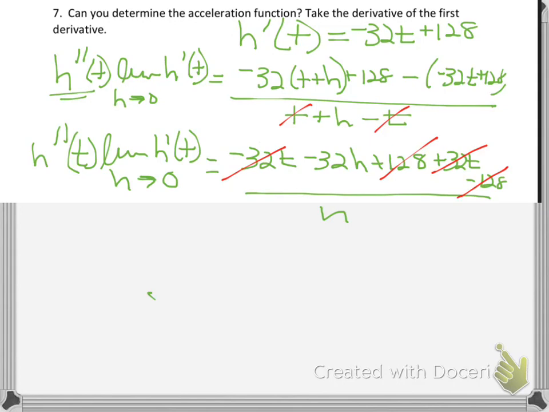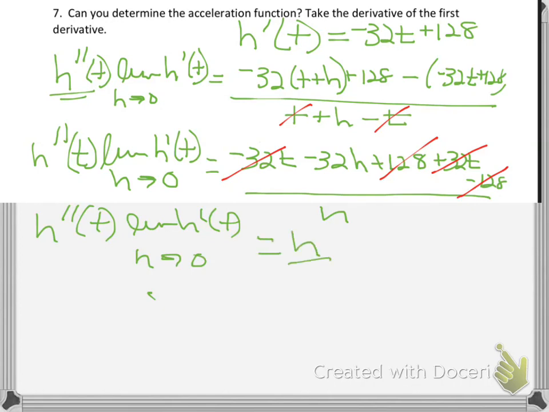What am I left with? Let me turn back to my green. What I'm left with is h prime prime of t as the limit of h prime of t as h approaches 0, and that's going to equal, I'm going to factor out my h's now, and all I have is a negative 32 up top.